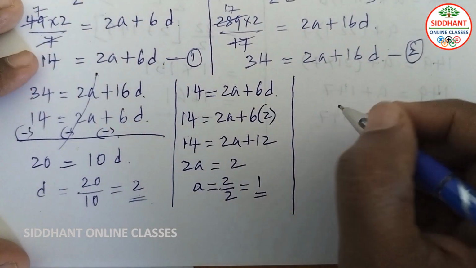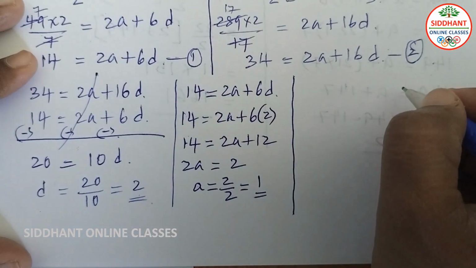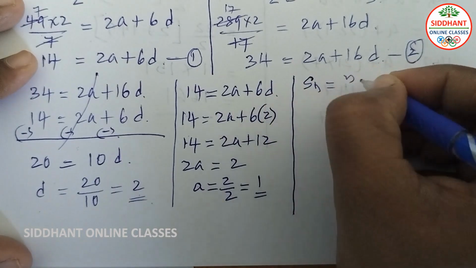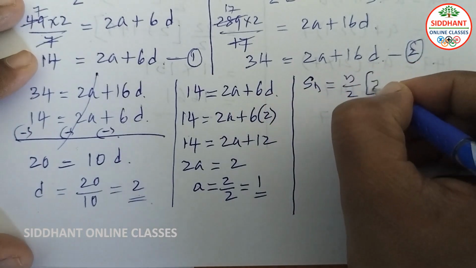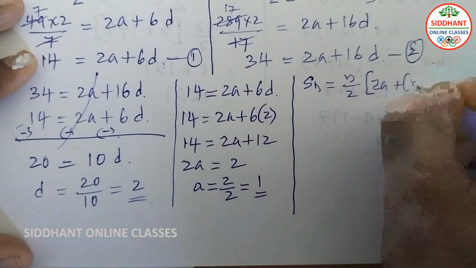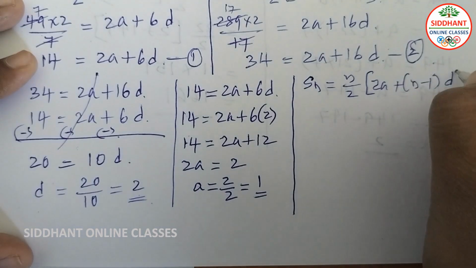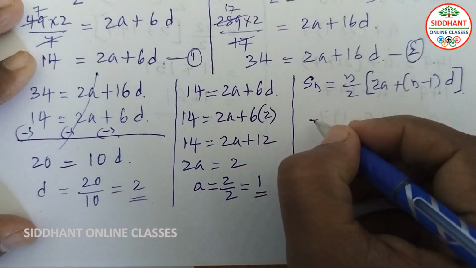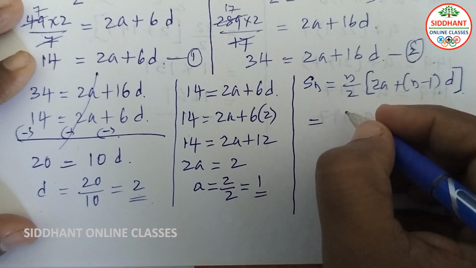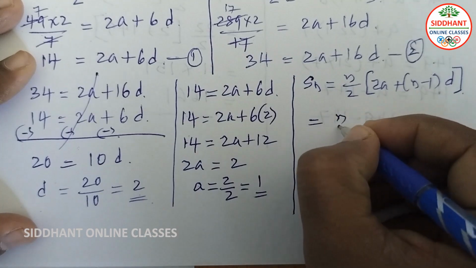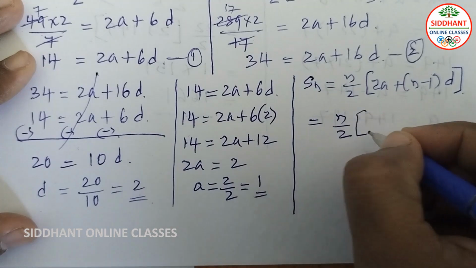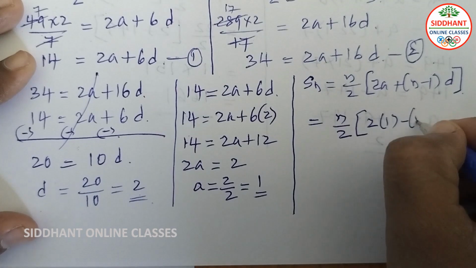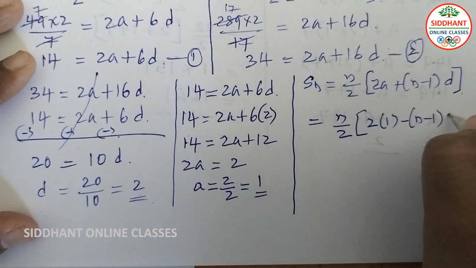Now next we are going to find out the sum of first n terms. Sum of first n terms means Sn equals n by 2 (2a plus (n minus 1)d). So n is given, n terms, so it will be n only, and 2a we found out which is 1, and n minus 1, and d we got which is 2.